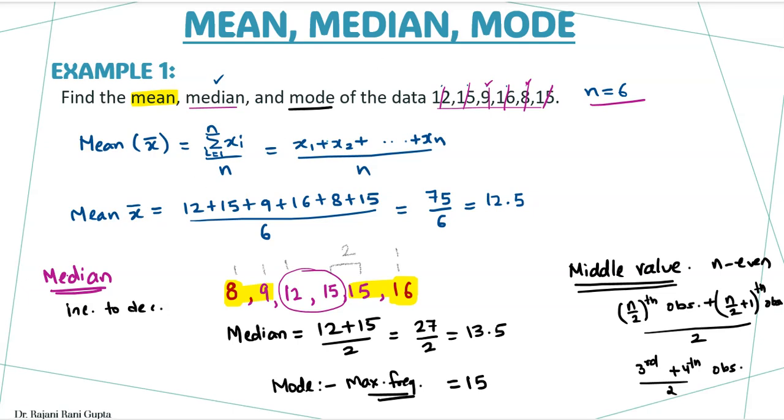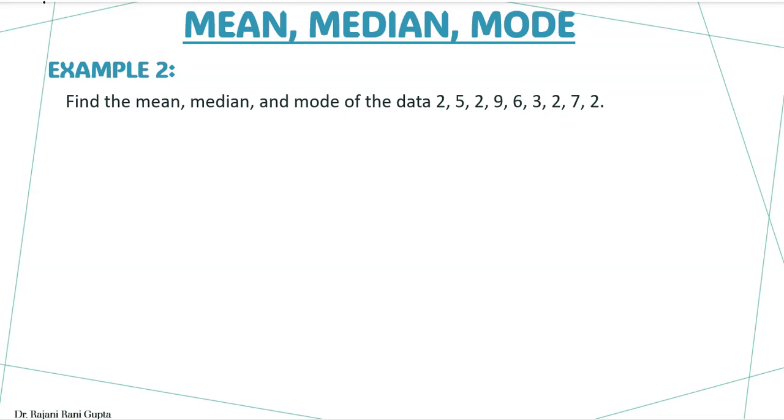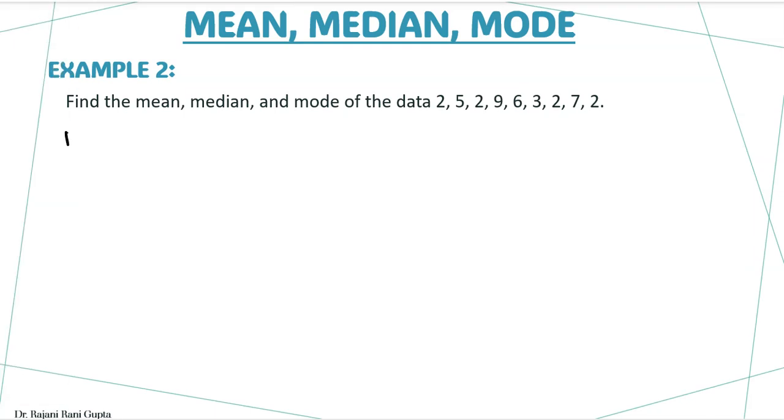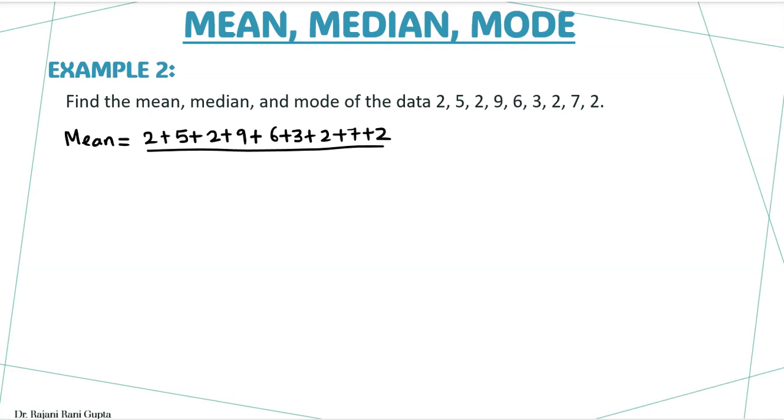So let's take another example. Again, we have to find mean, median, and mode. So mean is straightforward. So what we will do, for mean, we add all the numbers, 2 plus 5 plus 2 plus 9 plus 6, 3, 2, 7, 2, divided by how many numbers are there? 1, 2, 3, 4, 5, 6, 7, 8, 9. 9 in total.